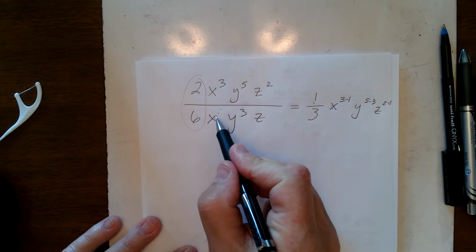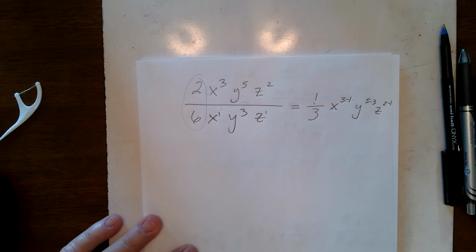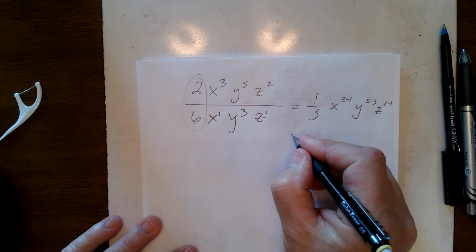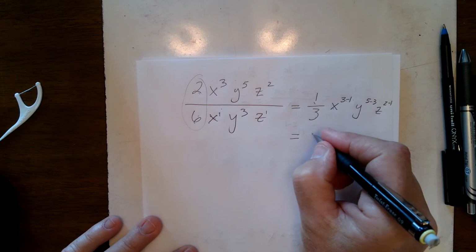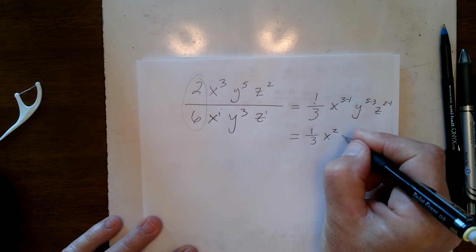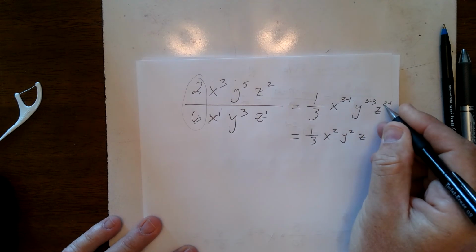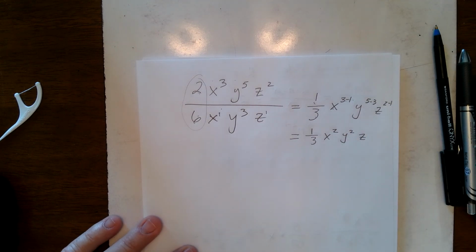Now, I didn't talk about it. Even though there's not an exponent here, we assume there's a 1 up there. So this answer now becomes 1/3 x squared y squared z to the 2 minus 1, z to the 1. So we'll just leave it like that.